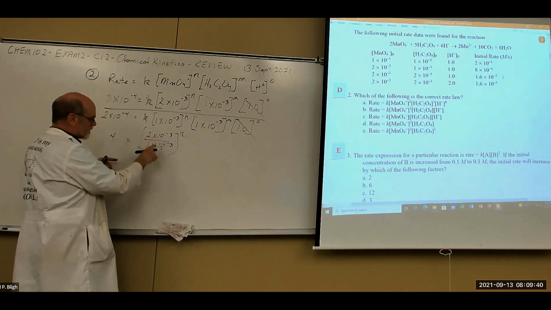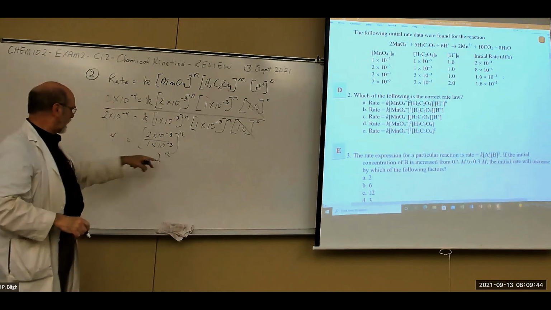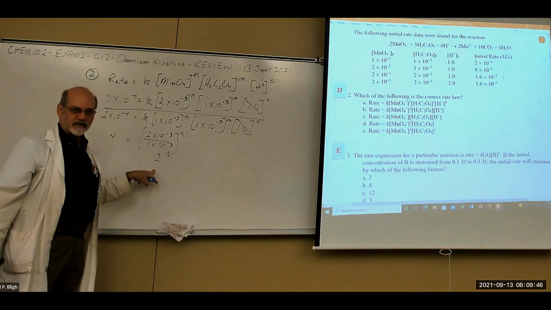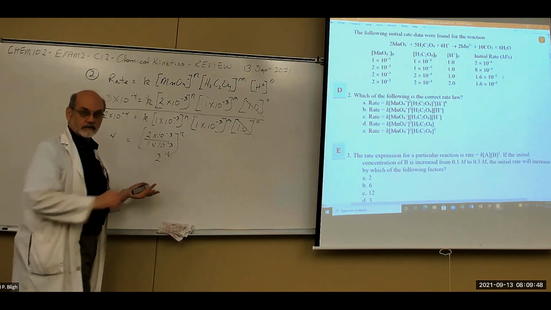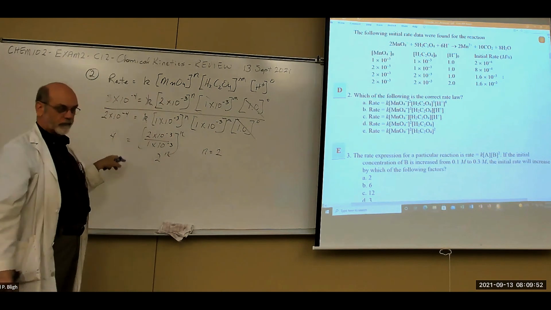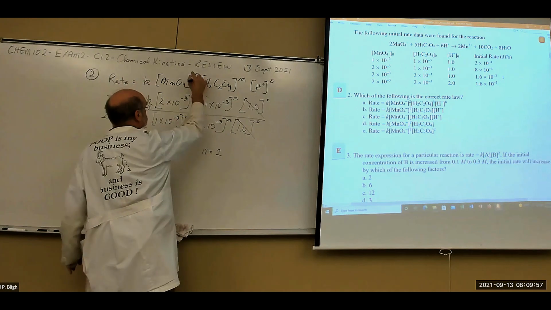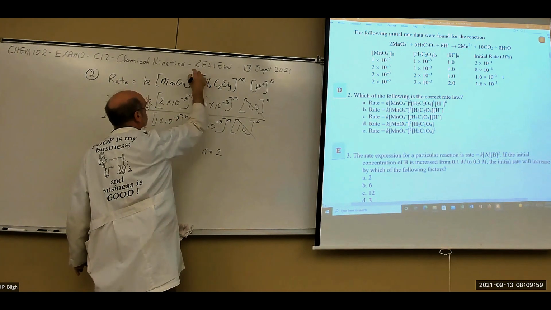So this divided by this is what? 2 to the n power. So what n will give you 4 if 2 is the base? n has to be 2. You have to square 2 to get 4. So that means this first one is 2.